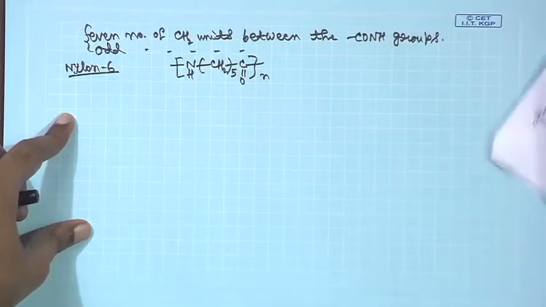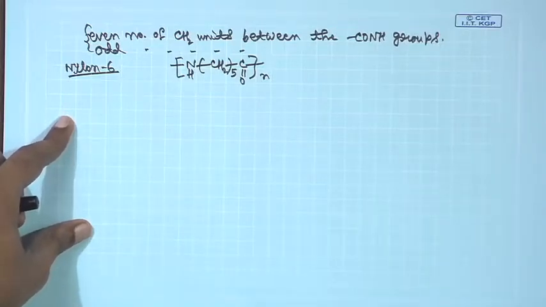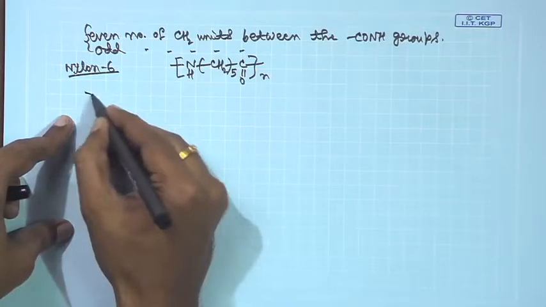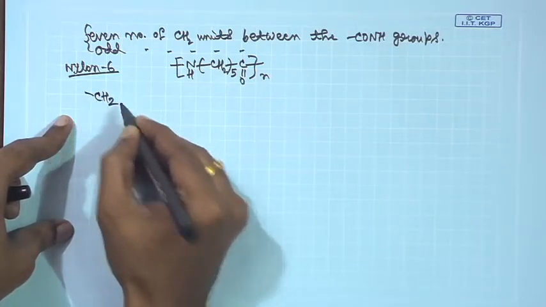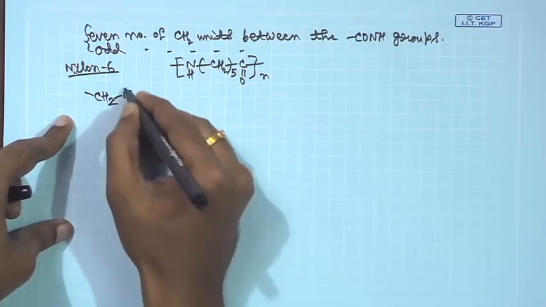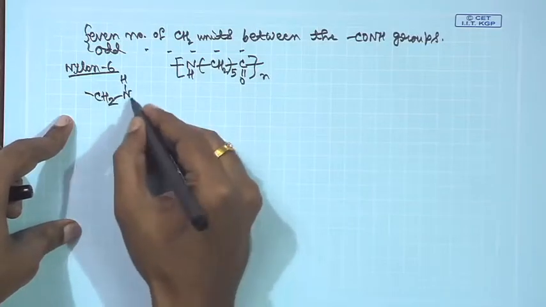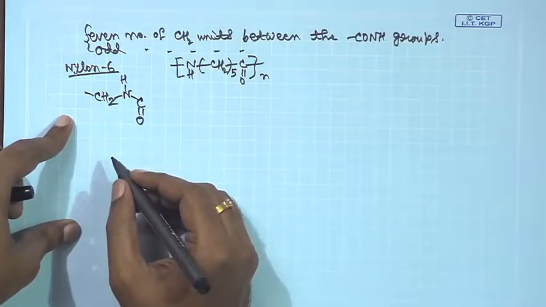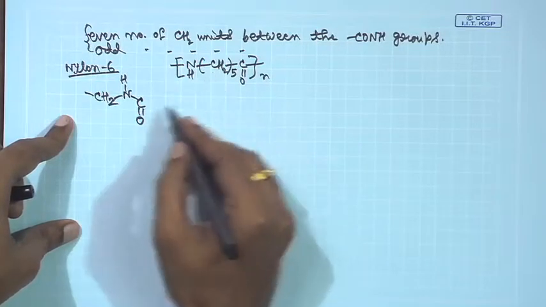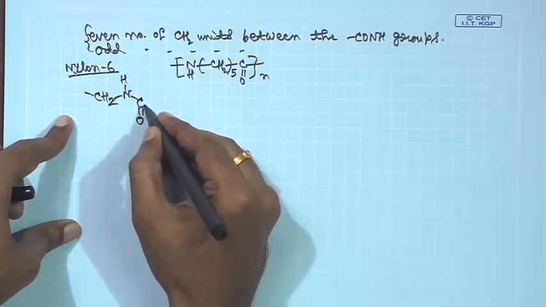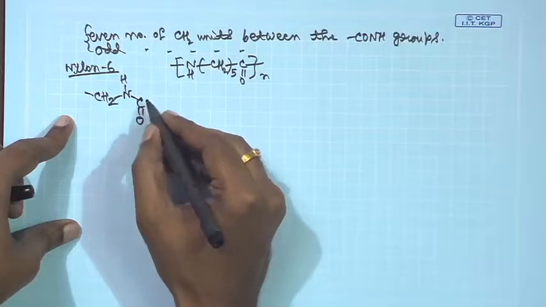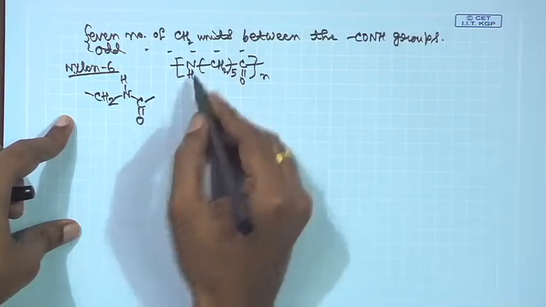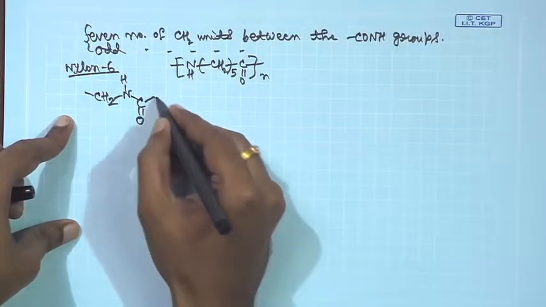Let us draw this and we will see. NH, CO, and then between carbonyl and NH you have 5 CH2 units.